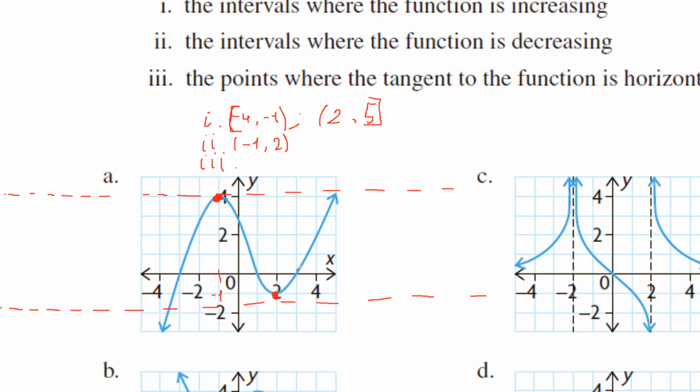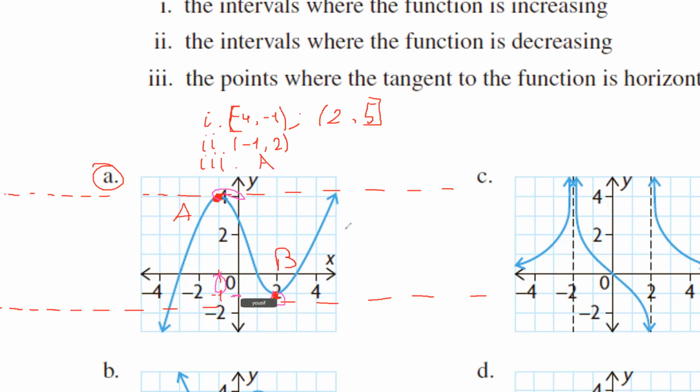So on this graph, what example of horizontal tangent line do you see? At which points do you see them? You see them at the 4. Yeah, graph A. So here the 4 and the -1, and here is 1, right?